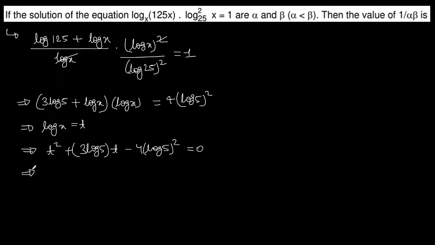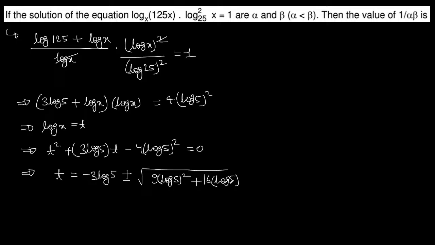So when you solve this, it is nothing but t equal to minus b plus minus root under b square minus 4ac, upon 2a.